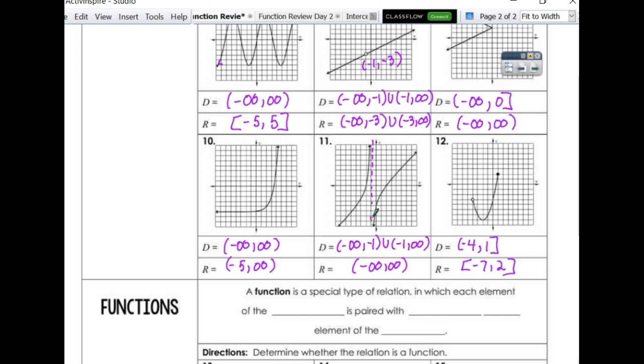So why didn't I break here? Right? So if I'm going up, there's a break on this side, right? But what about this side? Is there a break there? So that point gets included. So that's why there's no break going up and down. Does that make sense?